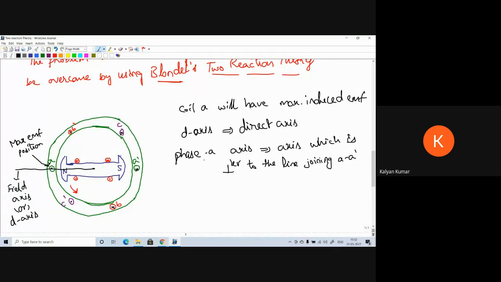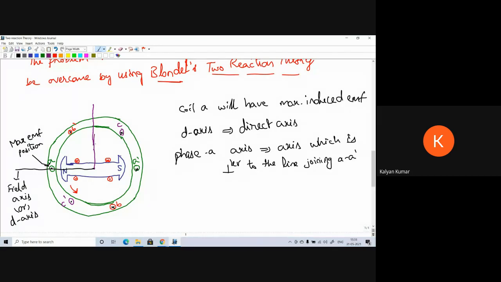So here we are going to consider only phase A axis. The axis perpendicular to the line joining A and A dash is called the phase A axis.